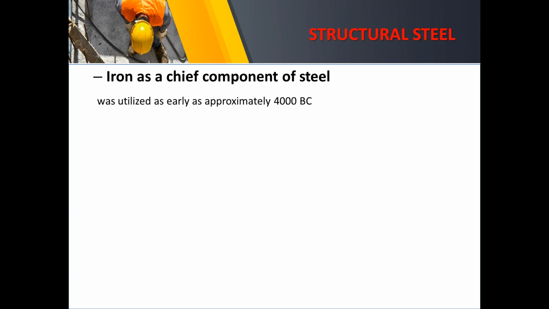Of course, the mineral was smelted and then heated in charcoal and formed into tools like knives, swords, and shields. So most of them were used as utensils, as weapons in warfare, of course, and as transportation parts.